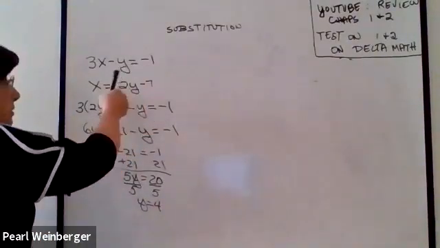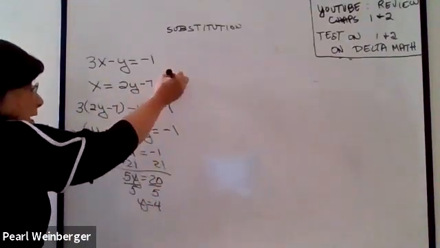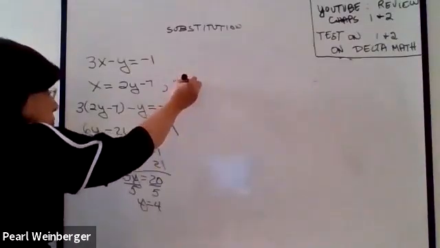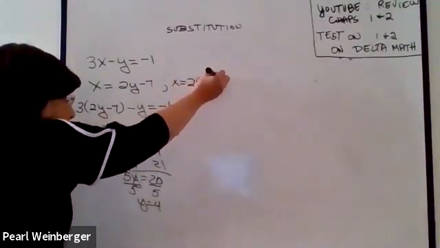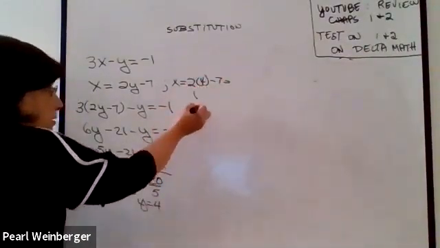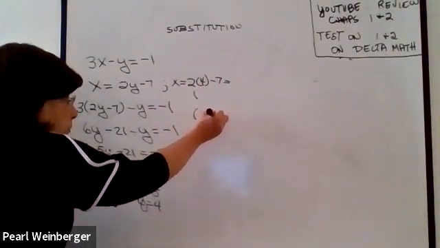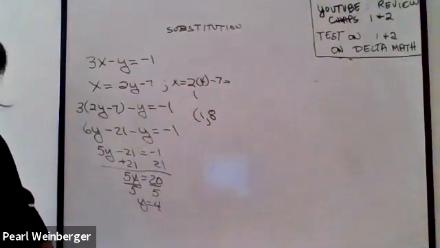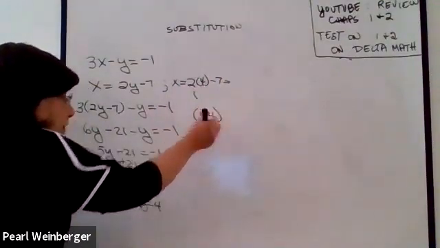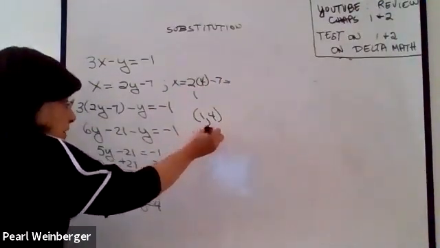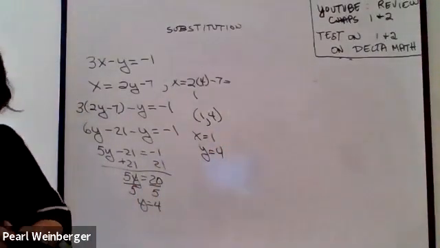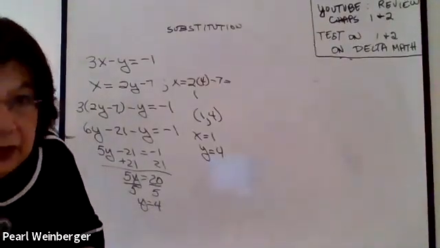To find out what x is, I can go to this equation over here. x equals, now I know the y is 4, so I'm going to do 2 times 4 minus 7, which will give me 8 minus 7, which is equal to 1. In other words, the solution to this system of equations is 1, not 8, I'm sorry, 1, 4. Remember, when you're writing the ordered pair, it's always the x that comes first and the y that comes second. So this is how we could have solved this system of equations.